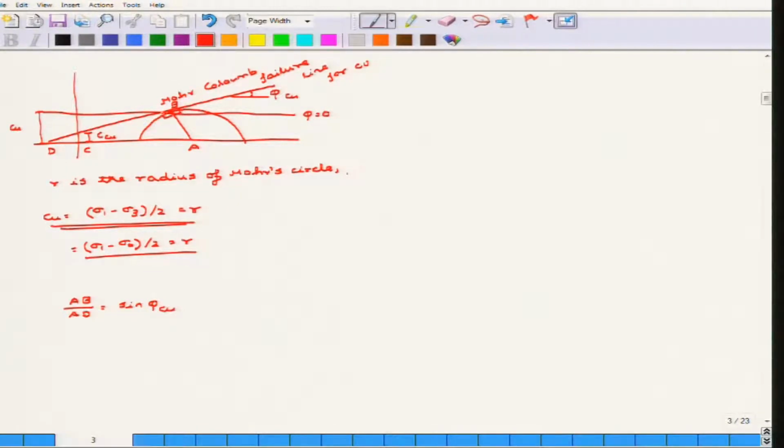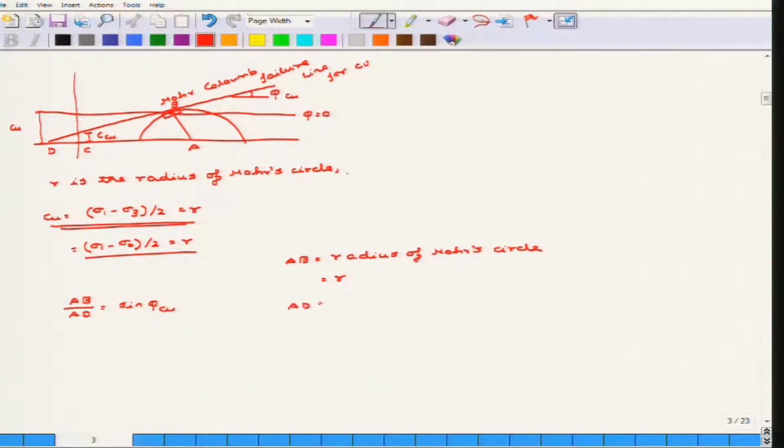So this point is also perpendicular. So obviously perpendicular by hypotenuse is equivalent to sine phi. So that is what we have written. Now what is AB? AB is nothing but the radius of Mohr's circle. So we can write this as R.